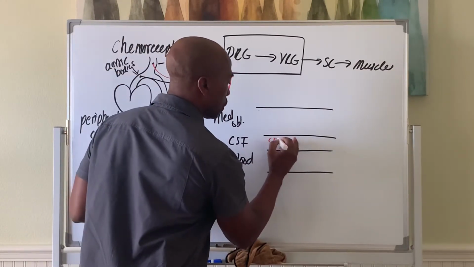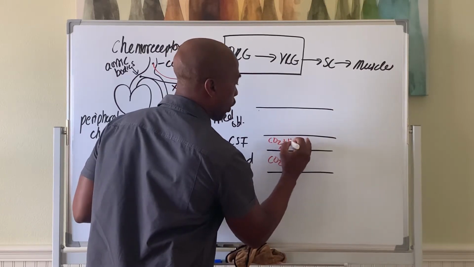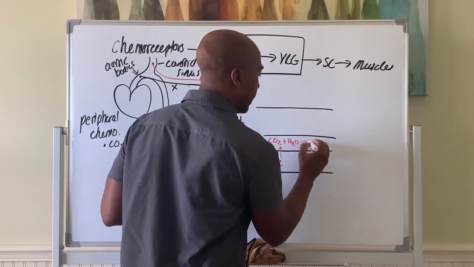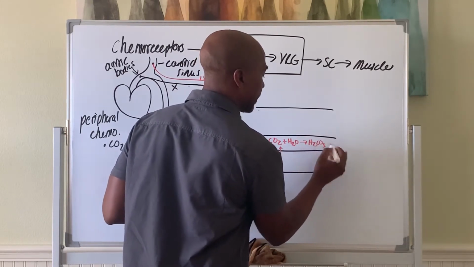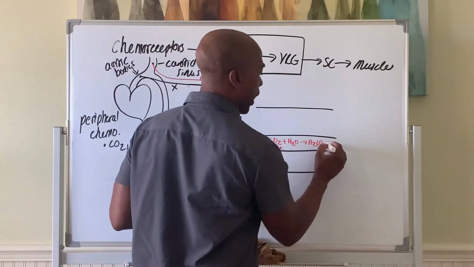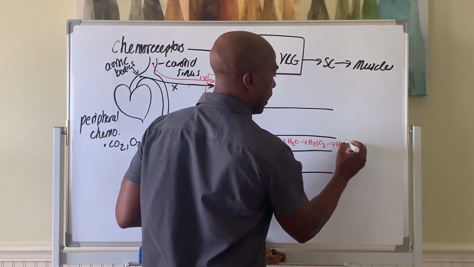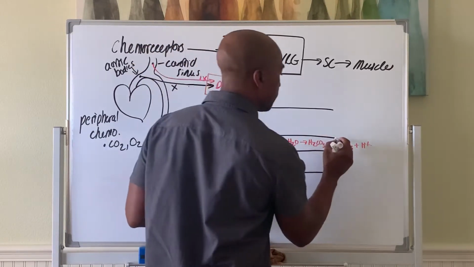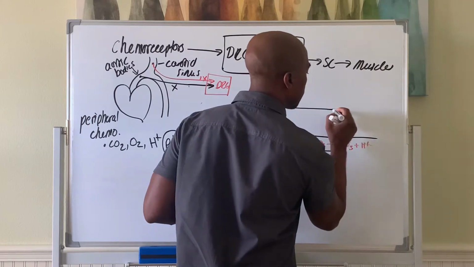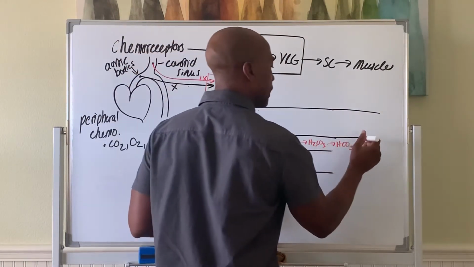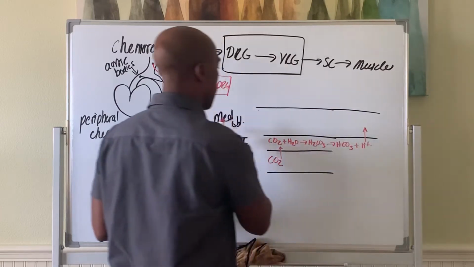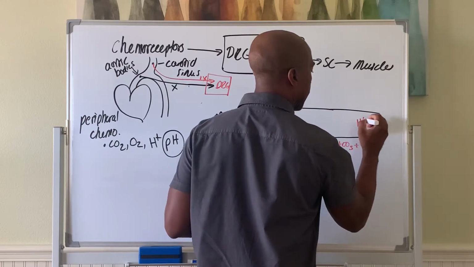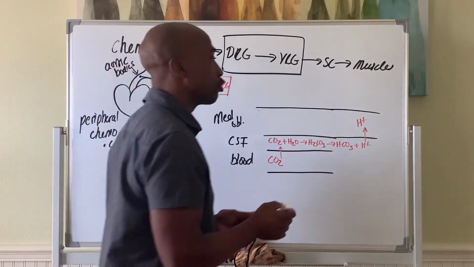And that CO2 will combine with water in the CSF to produce, again, your carbonic acid, which will then break apart into bicarbonate and H+. Then the H+ will diffuse into the medulla oblongata. And here is where it is then detected by central chemoreceptors.